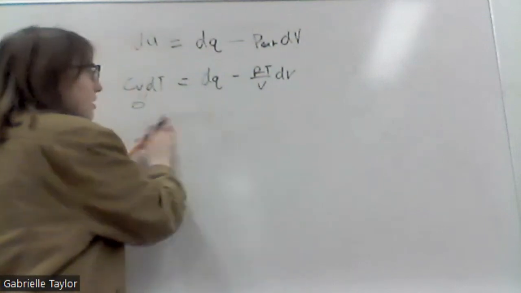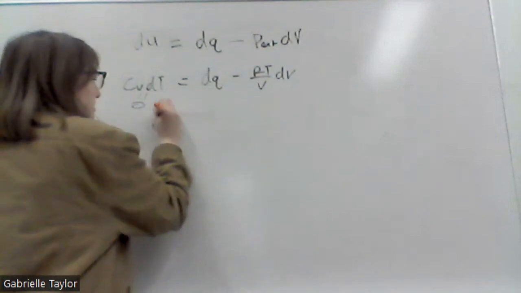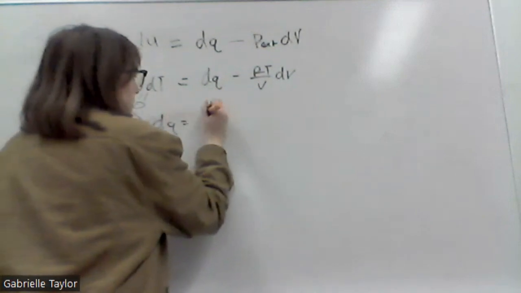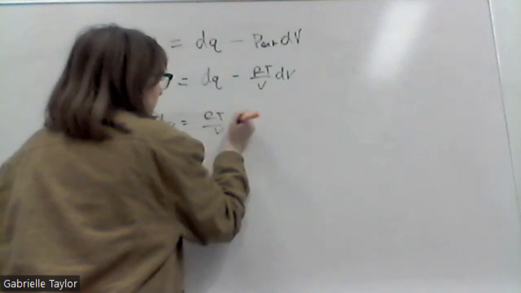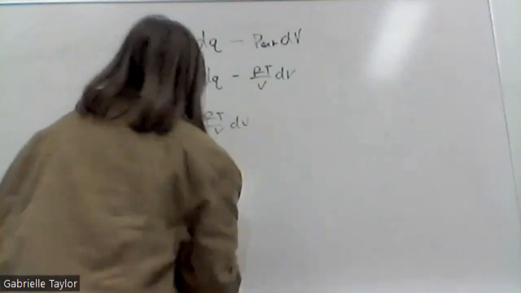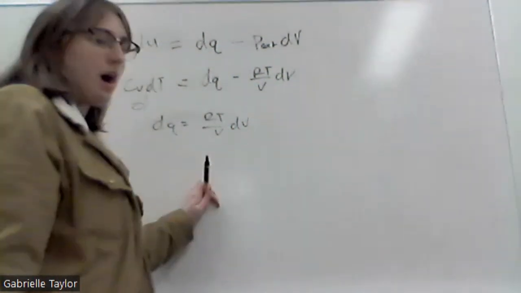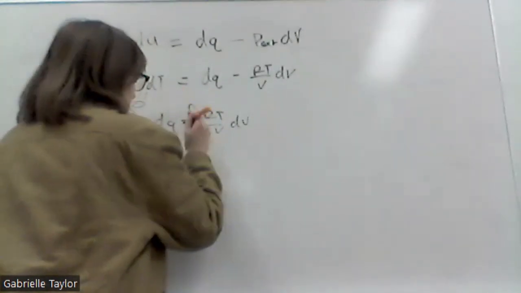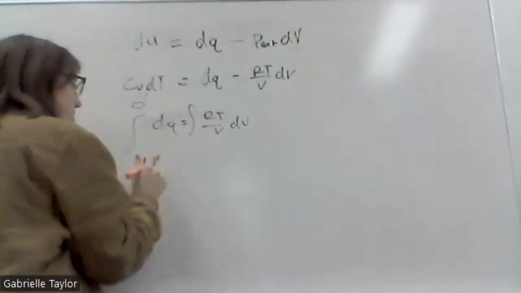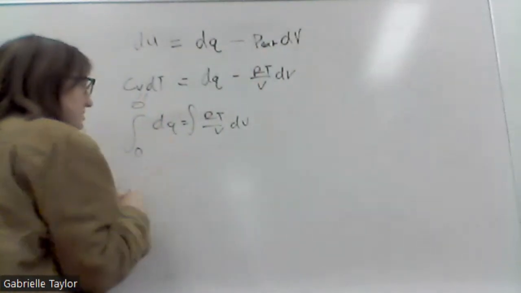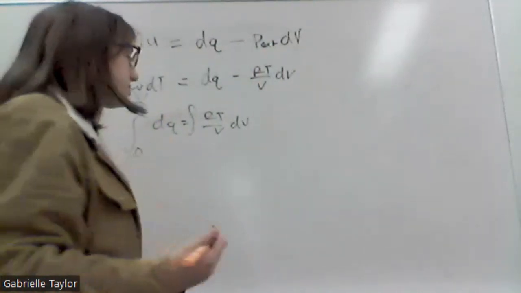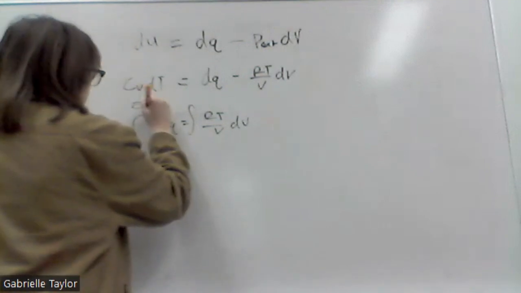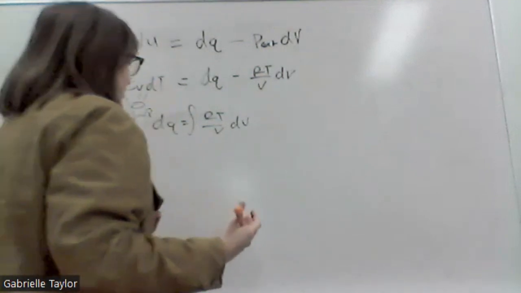So now let's solve for both sides. So this is going to be dq equals RT over V dV. Okay, we know that RT are going to be constant in this problem, so let's just integrate on both sides. So our dq is going to be from 0, because that's when no heat is added to the system, to the total amount of heat added to the system.